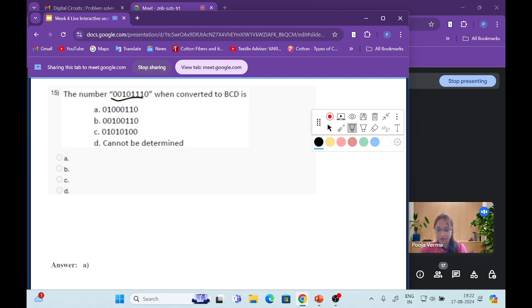Can anyone tell me? Just try to give an answer at least for this question. So the number is 0010 1110, right? How are we going to convert it into decimal? What will be the decimal equivalent of this number?